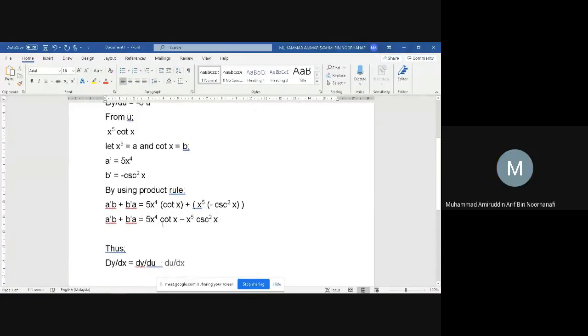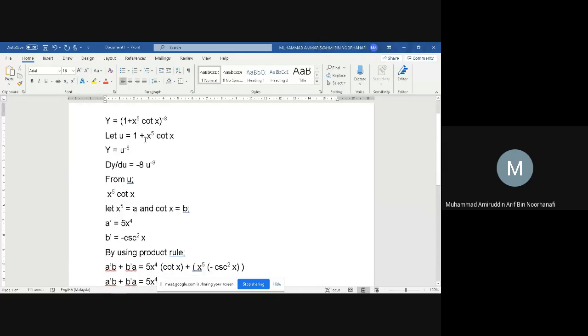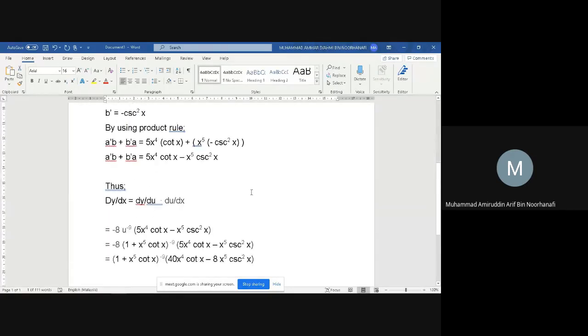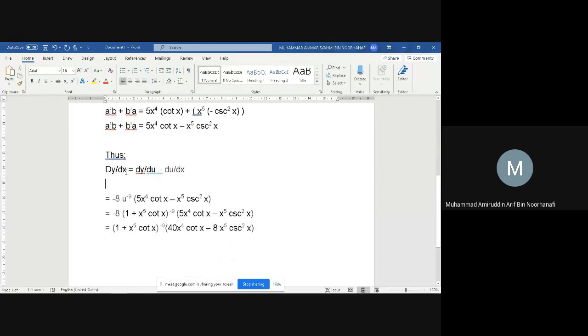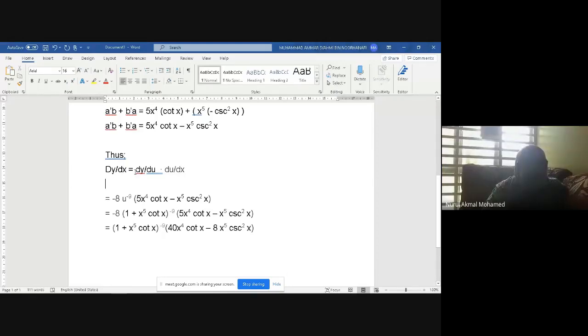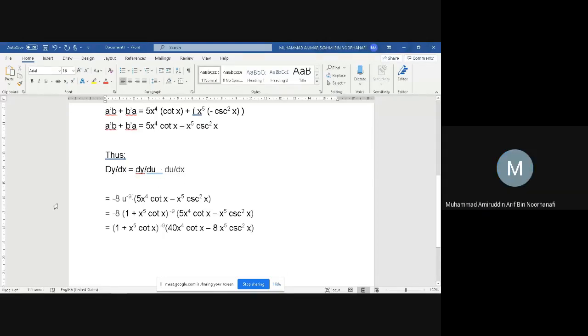Now that we have our derivative for x to the power of 5 cotangent x, we can find our dy dx, which is dy du times du dx. So we plug in our numbers.